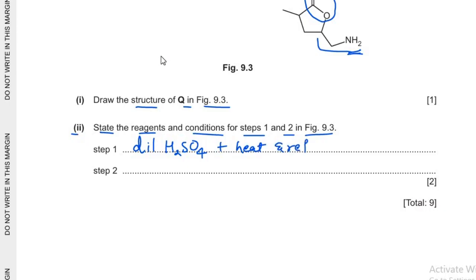In step 2 we are rebonding in a different way, so again an acid is needed, but here we need a concentrated acid like sulfuric acid, and again heat is required, but we don't need reflux. Remember, when we have to do hydrolysis, that is breaking of a bond, we need dilute acid along with heat and reflux. But if we are rebonding to form an ester linkage or amide linkage, we need concentrated acid along with the heat.